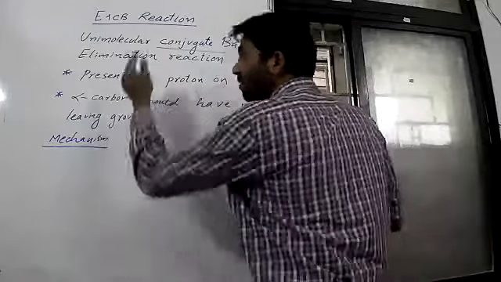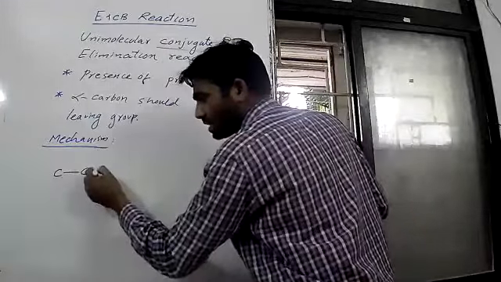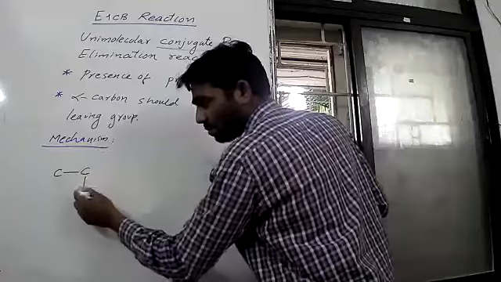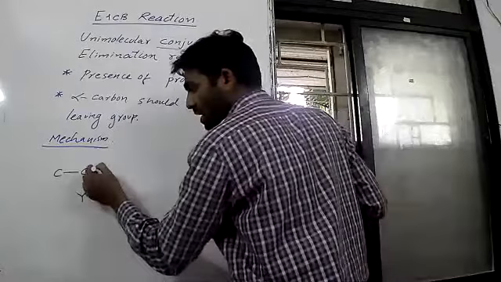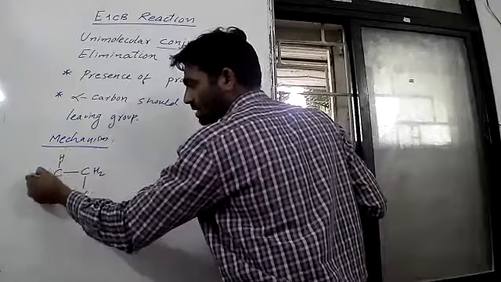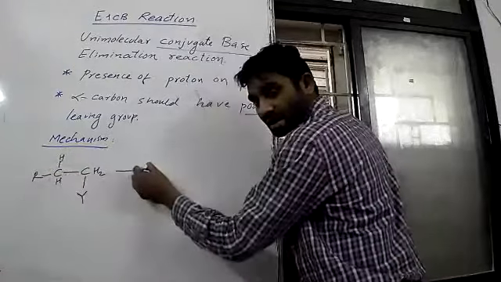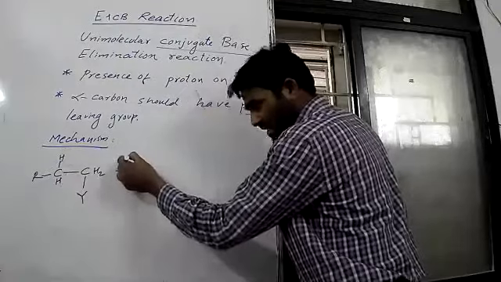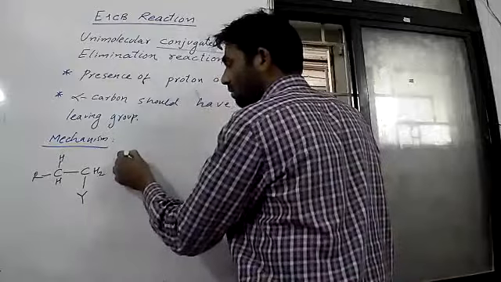In the mechanism we are talking about E1CB, so you see I am writing this here. This is the leaving group, but a poor leaving group, and here suppose CH2, and here hydrogen, here suppose R, and there is H. Now, we are adding a certain base here, definitely a base will be required, otherwise the reaction will not proceed forward.